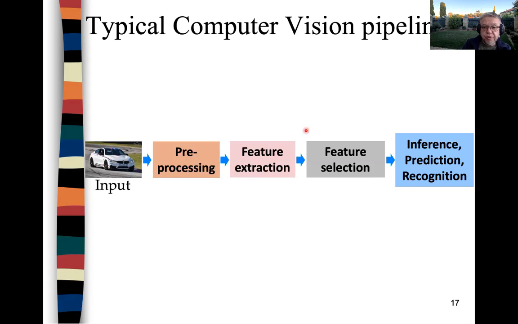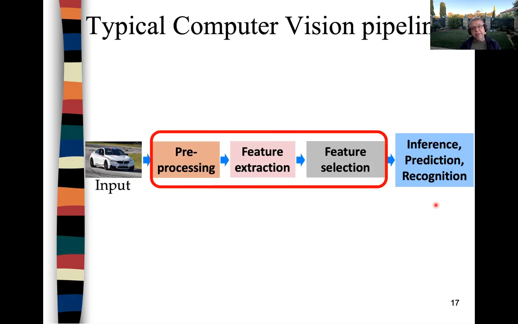That would take you to a certain feature space. You then select the most appropriate features, and then you have a classifier to infer. For example, if you're doing object recognition, it will tell you this is a car. So it gives you the prediction.